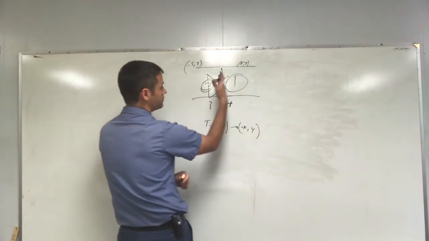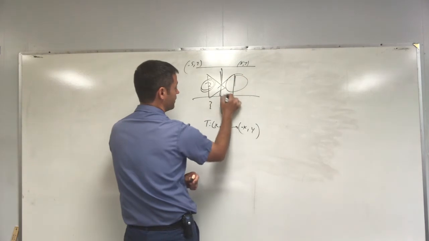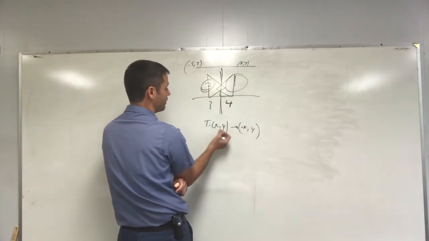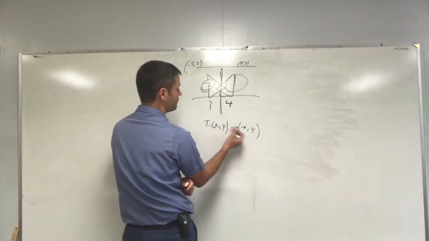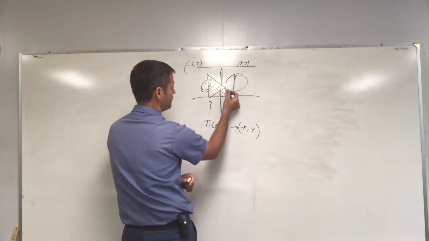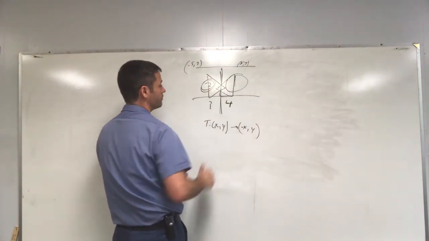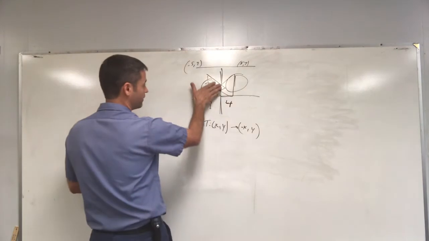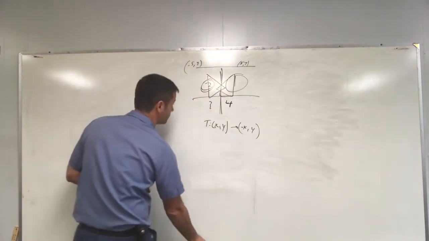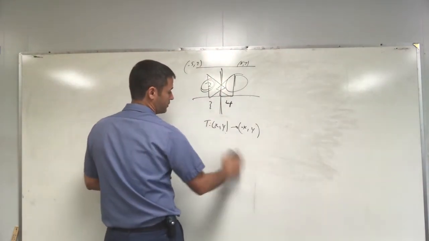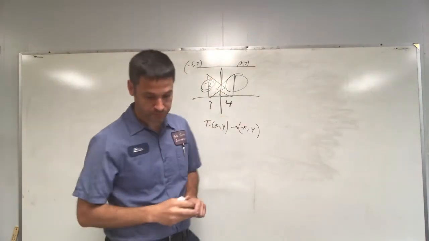You reflect it across this line and then it will end up over here, and some of this came over here. So whatever it was, it's now the opposite. If it was negative, it's now positive. If it was positive, it's now negative once you flip it over. But in this example, there isn't anything over the line. It's all over here, which is a little simpler. But that's the mapping notation for this specific one.